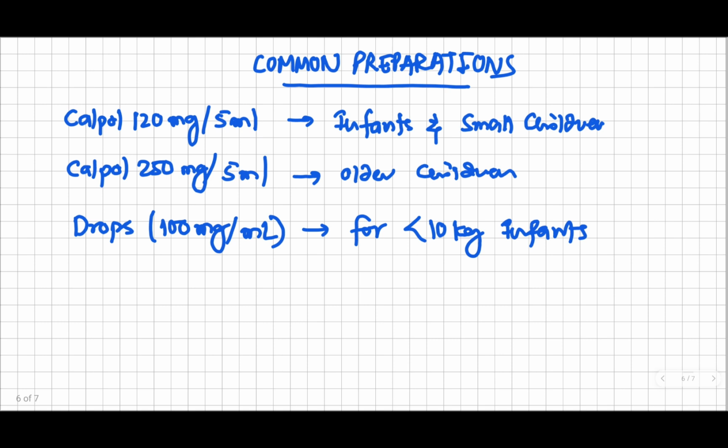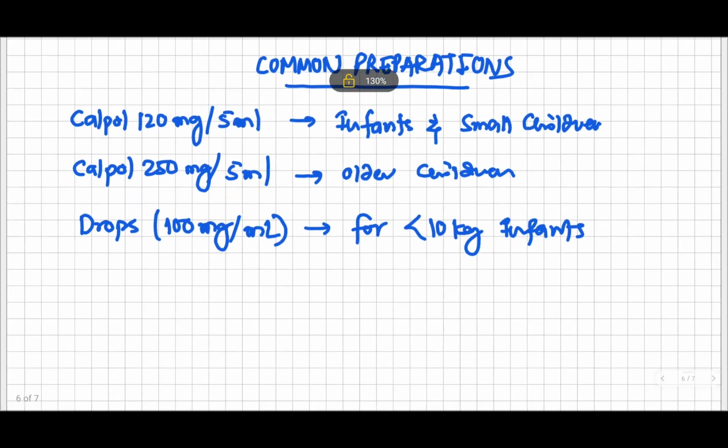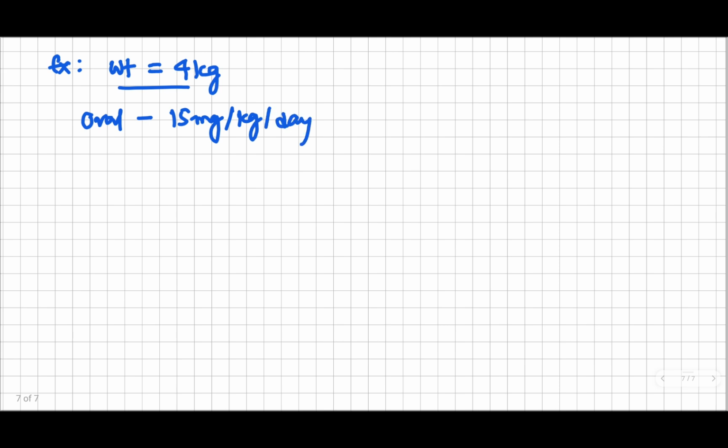So let's take an example. For example, there is a child and the weight is 4 kg. Fine. So what was the oral dose? It was 15 mg per kg per dose. Fine.